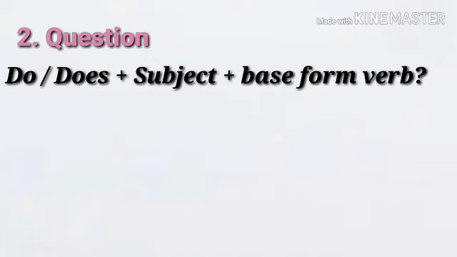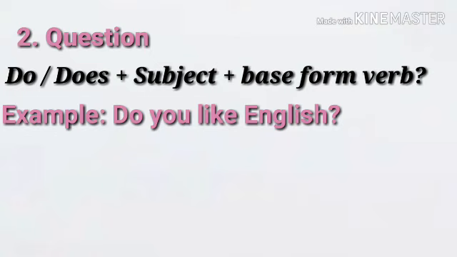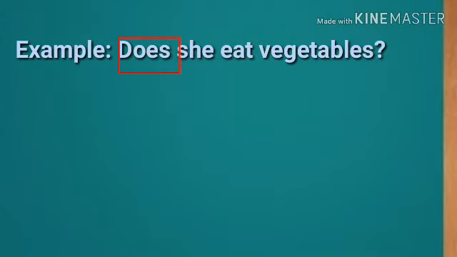For example, do you like English? So you can see we use do with the subject you and the base form verb like. Another example. Does she eat vegetable? So we use does because of the subject she and the base form verb eat.